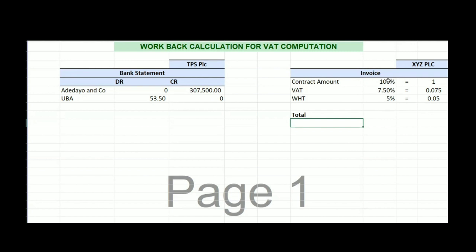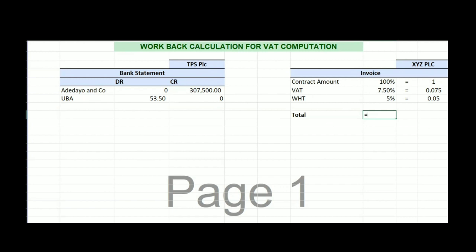So 100% is equivalent to 1, while 7.5% is equivalent to 0.075, and then 5% is equivalent to 0.05. So now, how do I determine the actual amount that is supposed to be payable by Adedayo & Co?